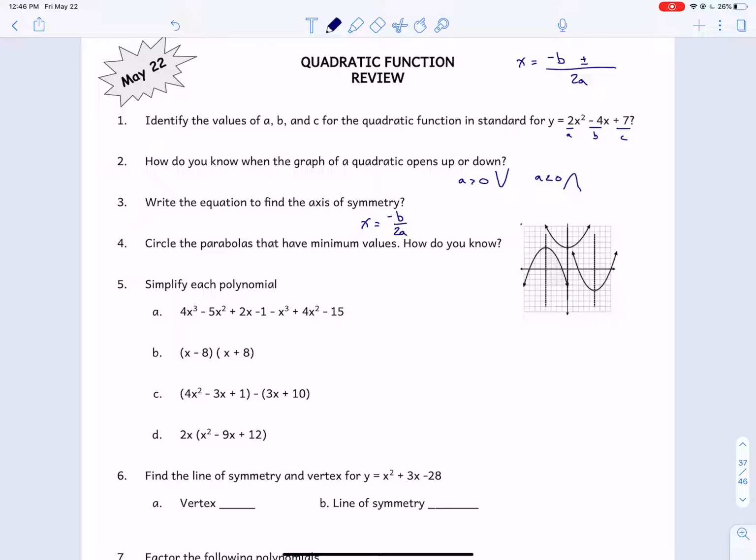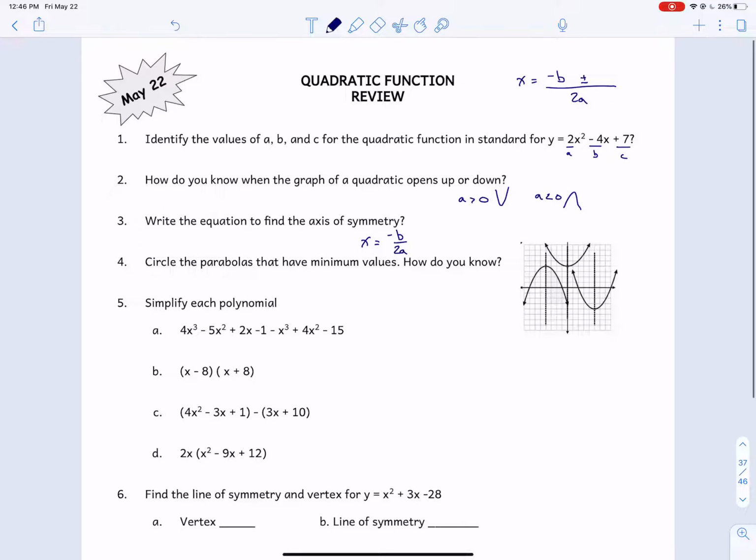Okay, and then number 4, circle the parabolas that have minimum values. Okay, so minimum and maximum. So think about the opening up or opening down. Okay, and the minimum and maximum is the y value. So looking at this top parabola, as you look at all the points that are contained along that curve, think about the y values.